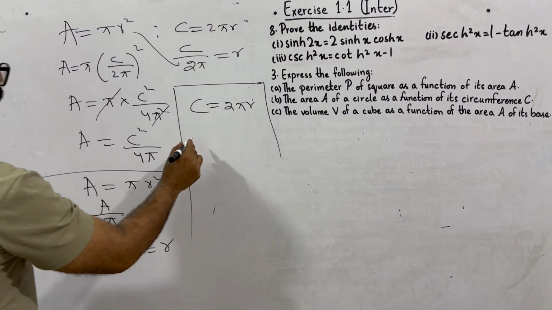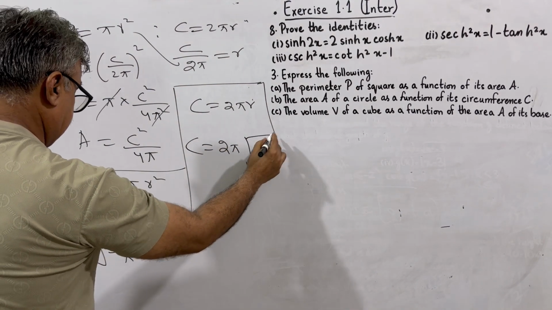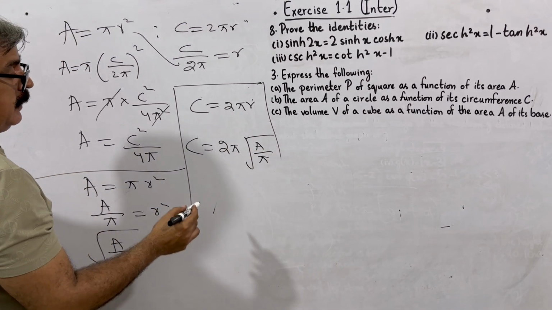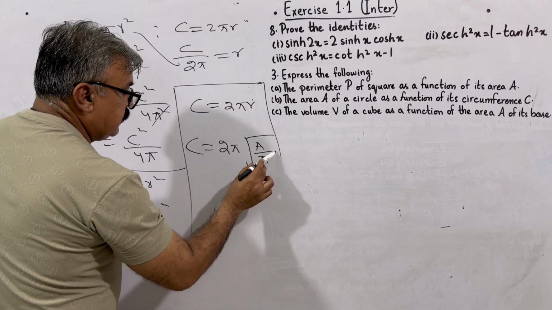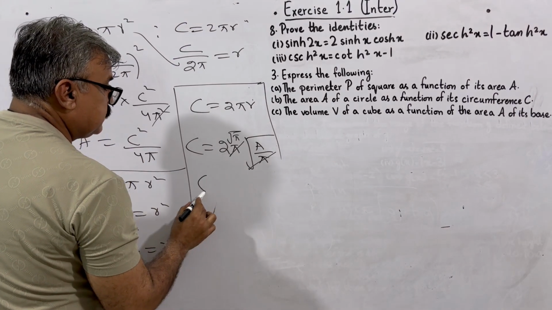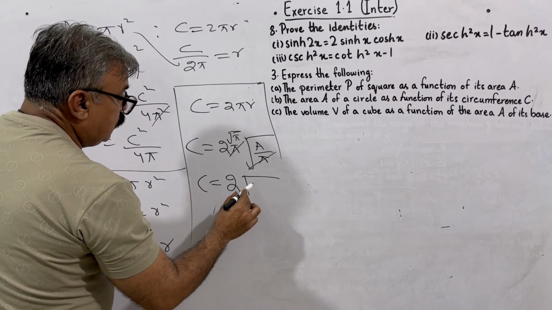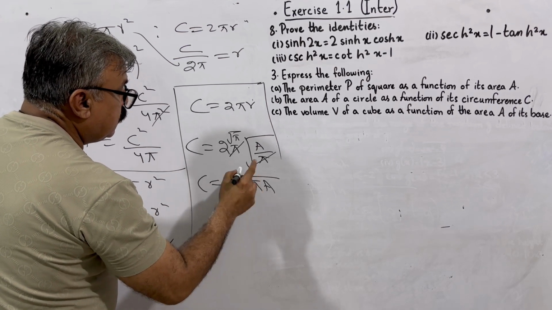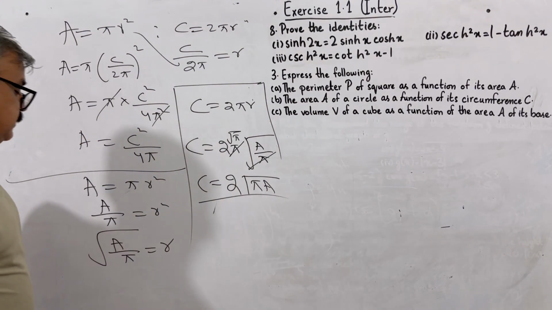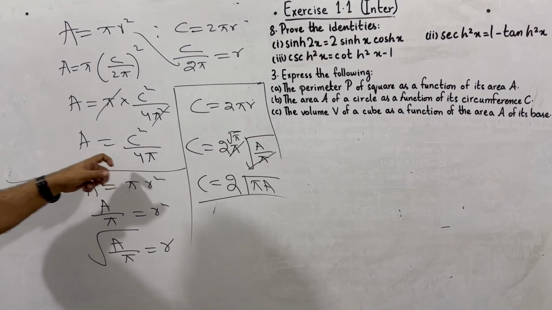Put here c is equal to 2 times pi times root a over pi. If we cancel this out, under the root comes pi, so c is equal to 2 times root of pi a. Circumference in terms of area, and while the other is area in terms of circumference.